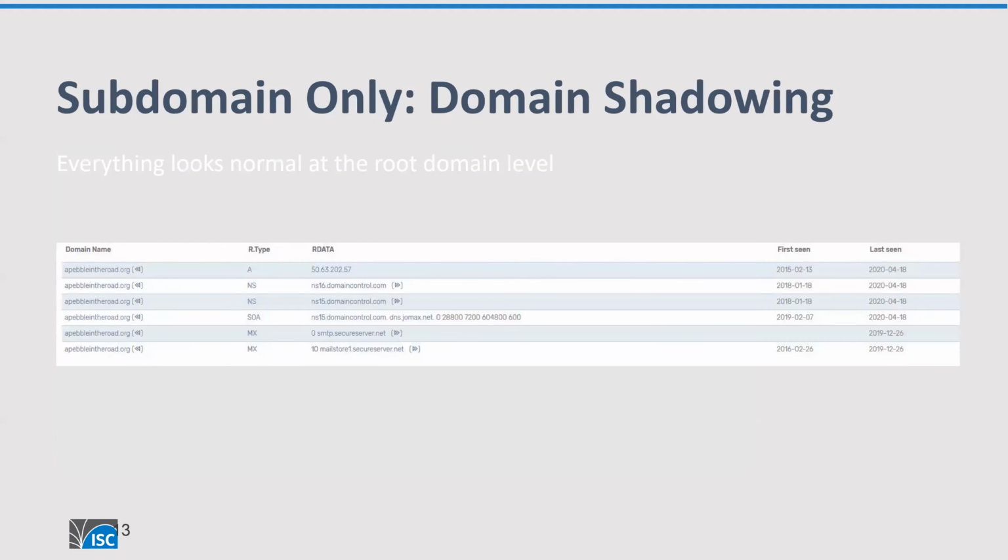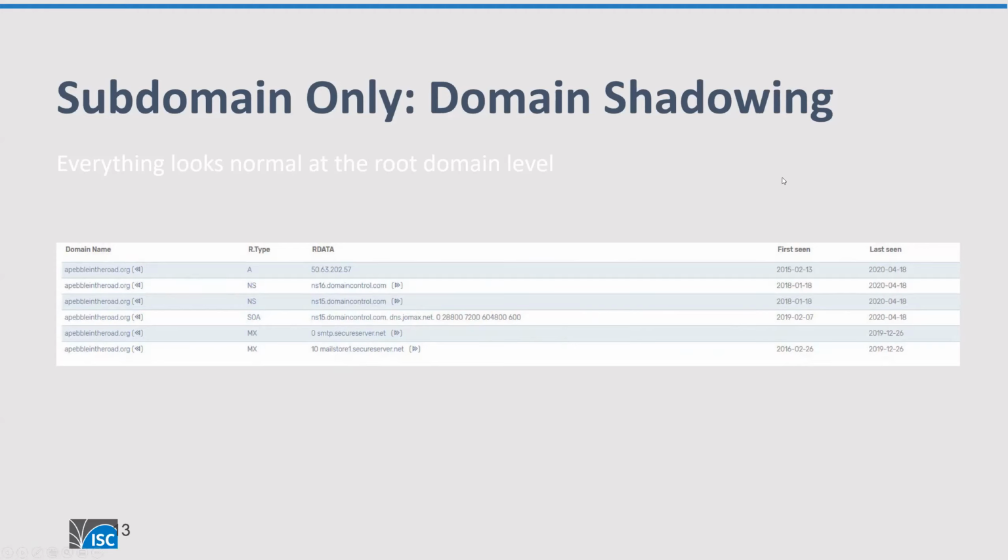So next piece we're looking at is a concept of domain shadowing. So we're looking at right now the root domain record or the main domain record. So you see that it's pointing to its rightful place at GoDaddy, and everything seems good. Right, the MX servers pointing to it.